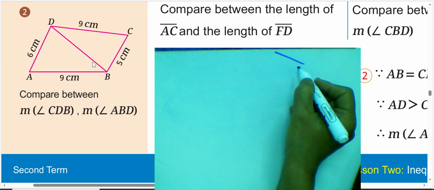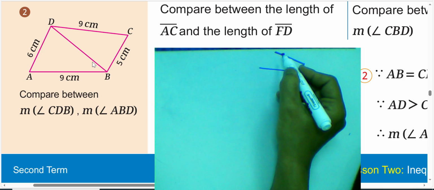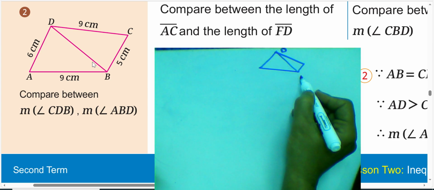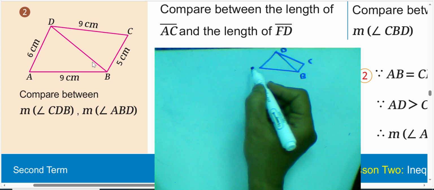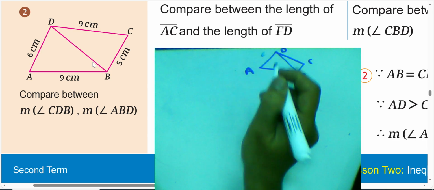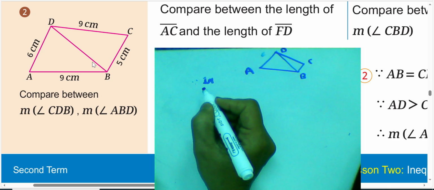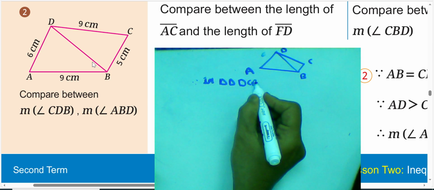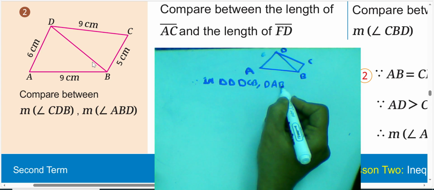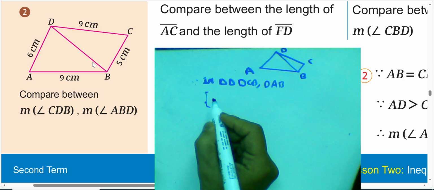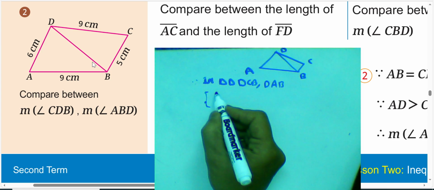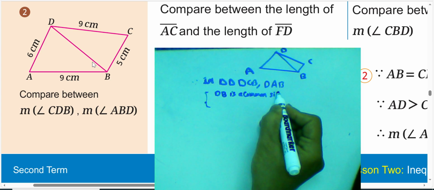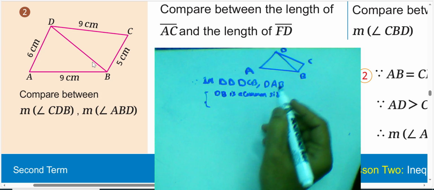Listen, we can draw this first triangle like this. DB is the common side, such that in the two triangles DCB and DAB, we have DB as a common side, and we have two sides equal.